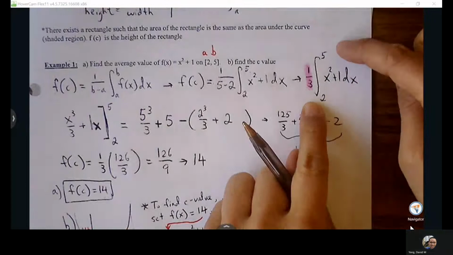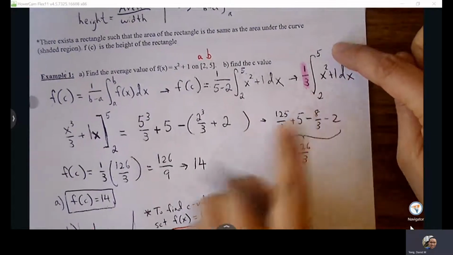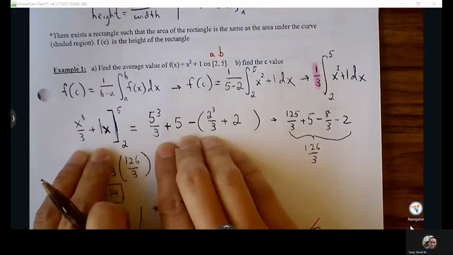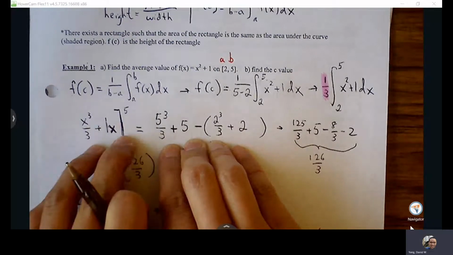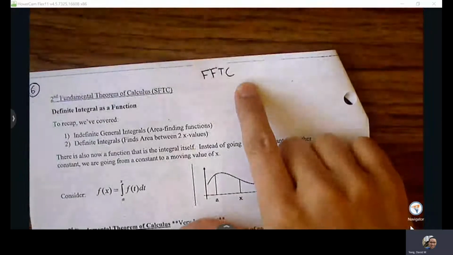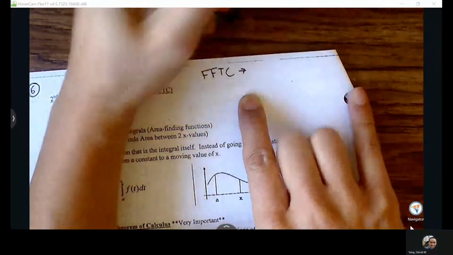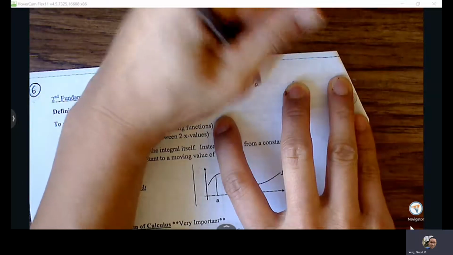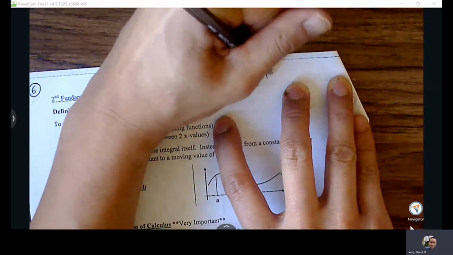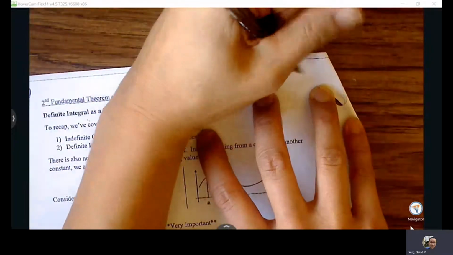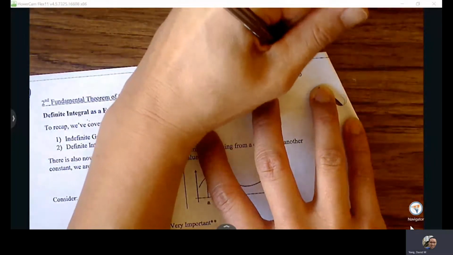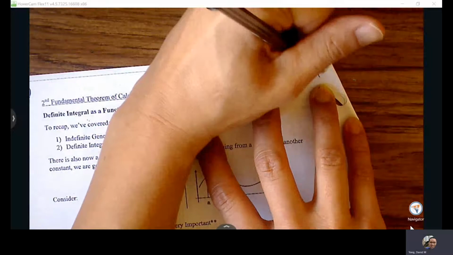Anytime we evaluate a definite integral, take the antiderivative, then plug in the 5 and 2, this is basically applying the first fundamental theorem of calculus. You take the antiderivative and then you work the bounds in. So I abbreviate that as FTC. A way to represent that is the integral from a to b of f prime will turn itself into f of x, and then we just plug the upper bound in, followed by the lower bound.